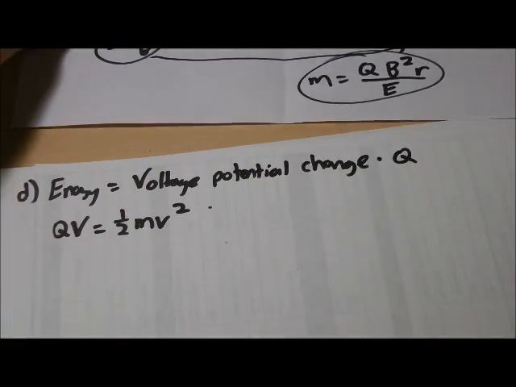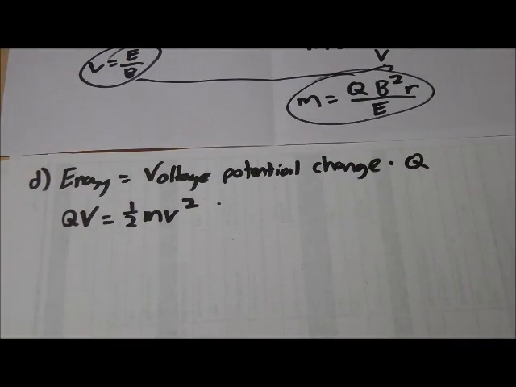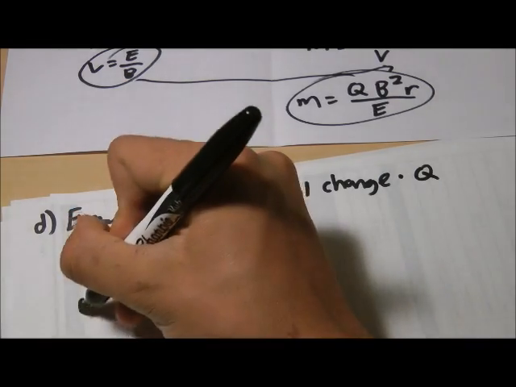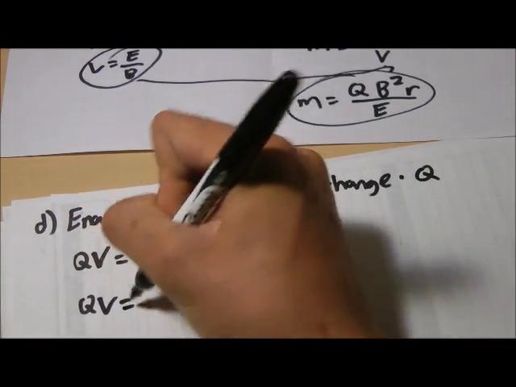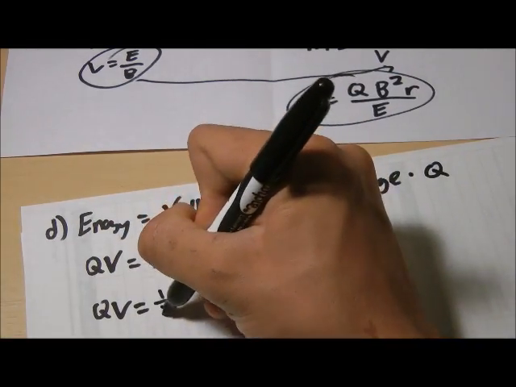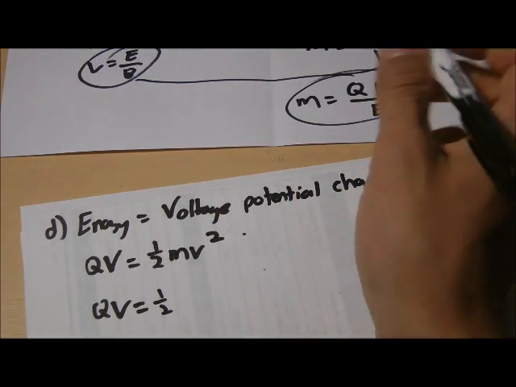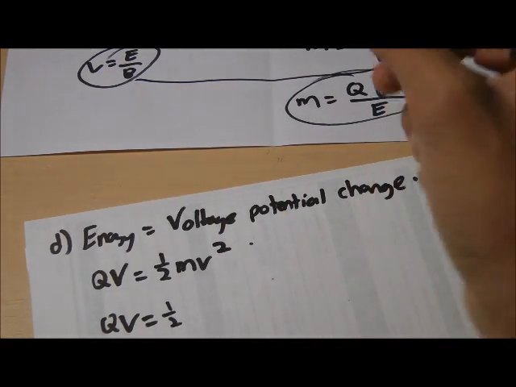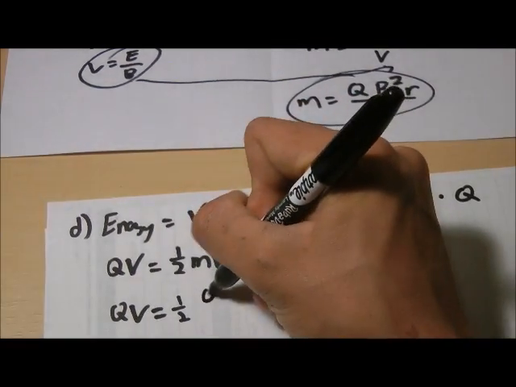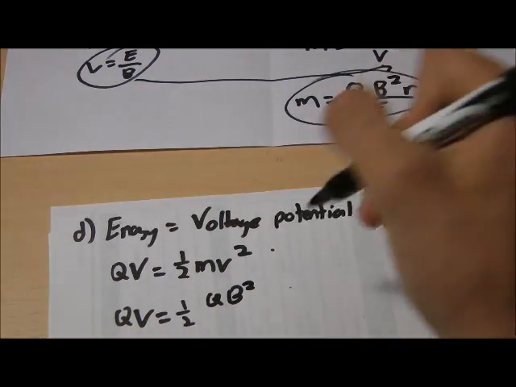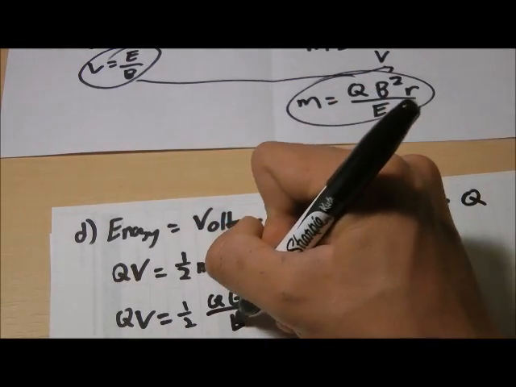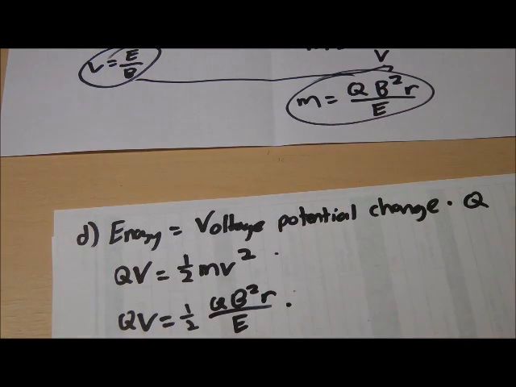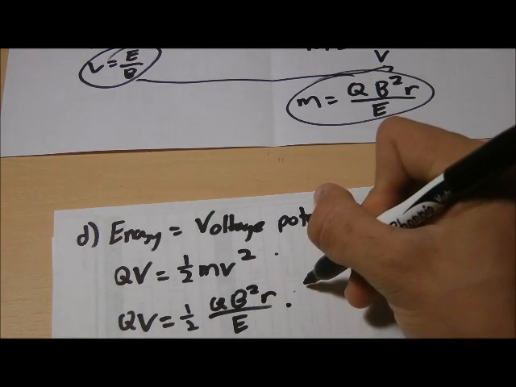So we now have QV is 1/2 the M value times the V value squared.